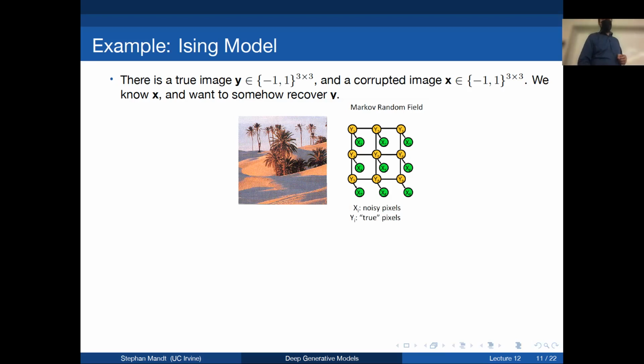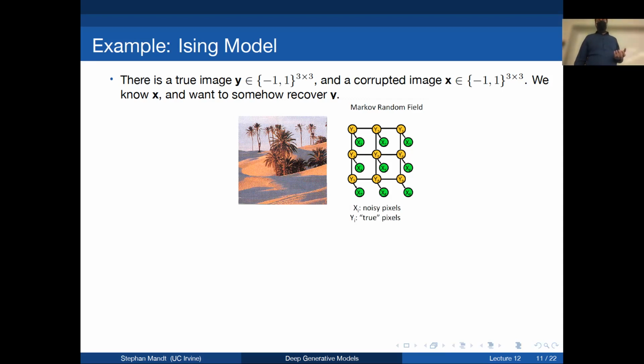Typically these are lattice models, as you see here, where you have multiple random variables sitting on a lattice. For example, you can think of them as pixels in an image. Here we would have a 3x3 pixel image. Let's imagine it's a black and white image, so a really small image. Oftentimes the Ising model was used as a model for denoising an image.